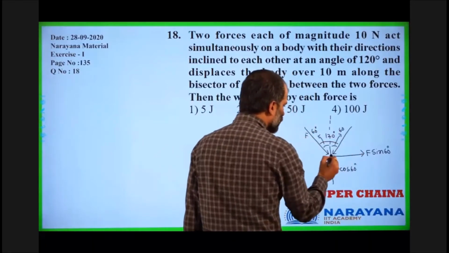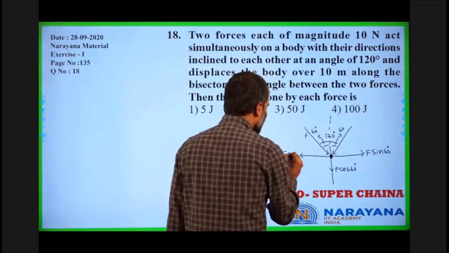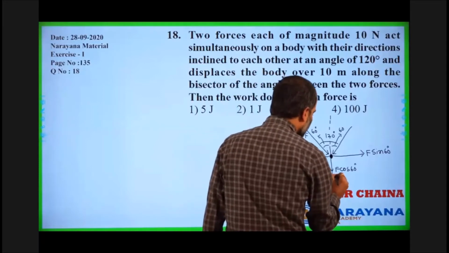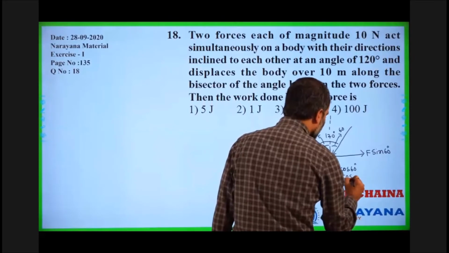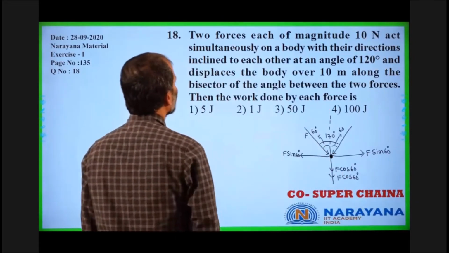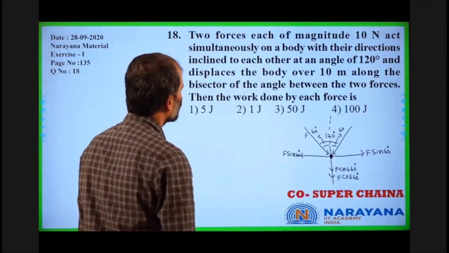Due to this force, along the horizontal direction is F sin 60 in the opposite direction, and the force along the vertical direction is F cos 60.